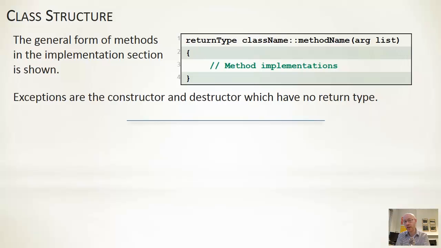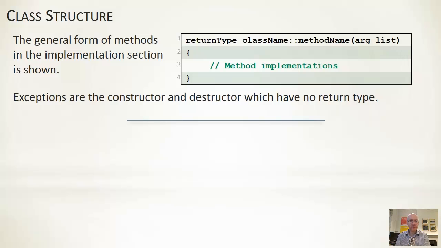We have the return type, the name of the class to which it belongs, two colons, then the method name and the argument list. Exceptions to that are constructors and destructors, for how you construct a class, or destruct it, how you take it apart whenever it's being released.